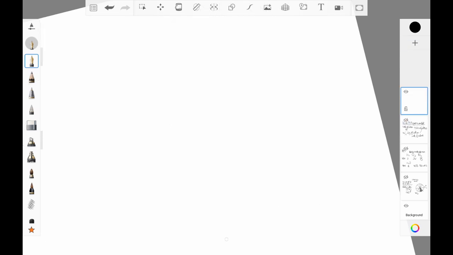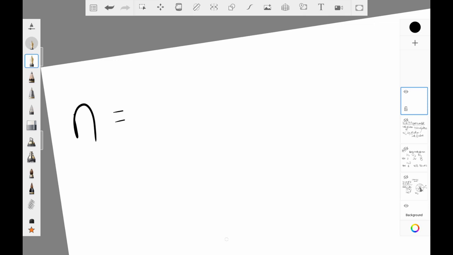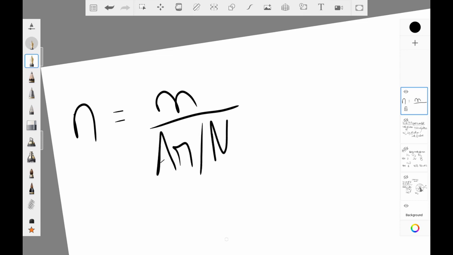One important thing you need to know is the formula that relates all of these things together. So the number of moles, which is N, is equal to the mass of whatever you have, let's say 50 grams of carbon, over the AR or MR, depending on what substance you're dealing with. Since I take carbon as an example, you'll use AR.